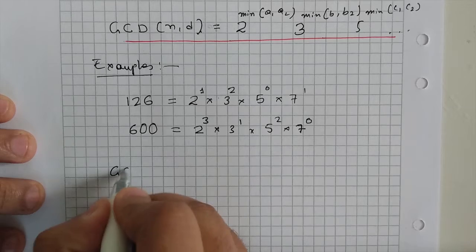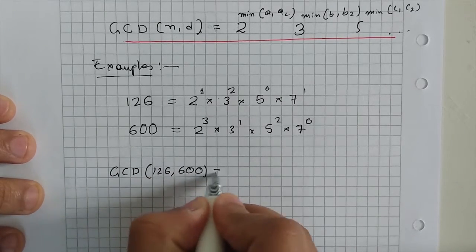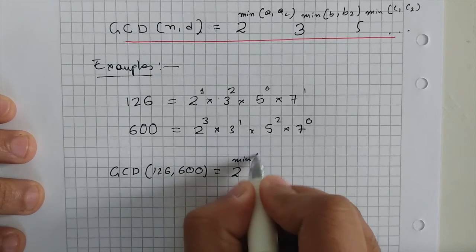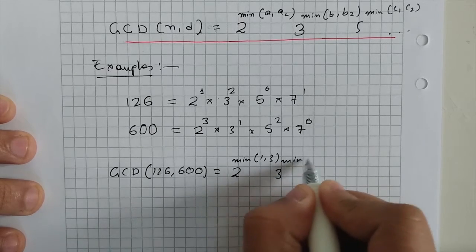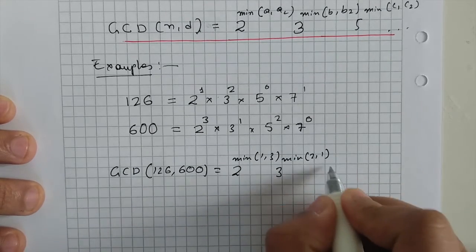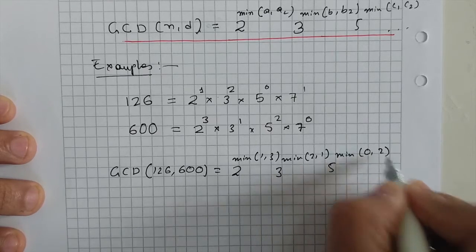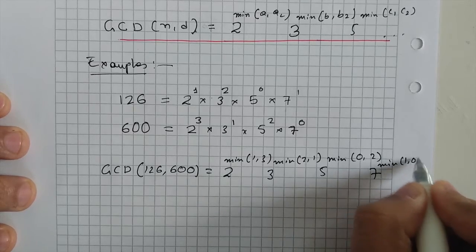So the GCD of 126 and 600 would be: we will write 2 to the minimum between 1 and 3, and 3 powered the minimum between 2 and 1, 5 powered the minimum between 0 and 2, and 7 powered the minimum between 1 and 0.